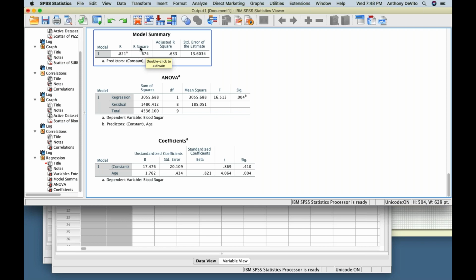So this is the percentage of the variability between X and Y, between age and blood sugar, that can be attributed to age. In other words, we can say that 67% of the variability in blood sugar can be attributed to age. Another way of saying it, 67% of the value of blood sugar is explained by a person's age.